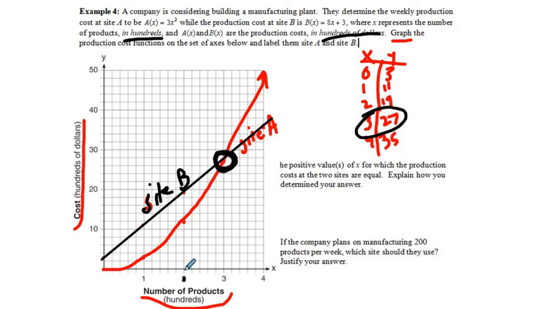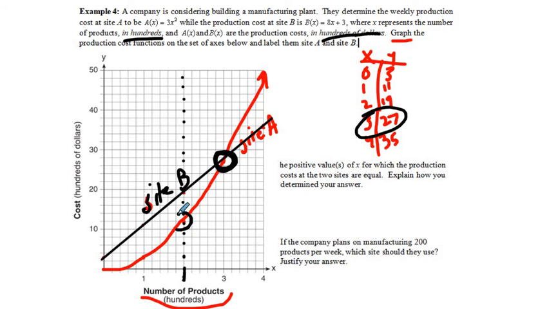Justify your answer. So here we go. We're at 200 products per week. That's going to be this axis right here. Not the axis of symmetry, but that's what it's asking. If 200 products is how much we're manufacturing, which site is going to cost less? Well, if y is the cost, we want to pick the site that's going to have a lower y value at this point.